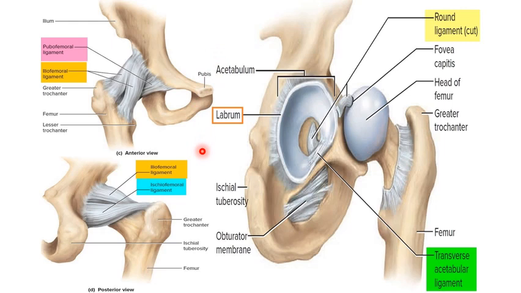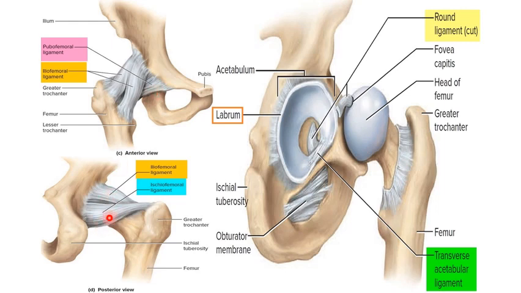Here in this diagram you can clearly see this is the iliofemoral ligament, which is a Y-shaped ligament, attached from the ilium part of the hip bone to the femur, and is anterior. This is the pubofemoral ligament, which is attached from the pubic part of the hip bone to the femur, and this is antero-inferior.